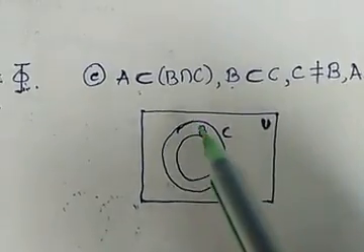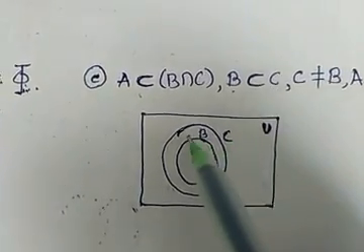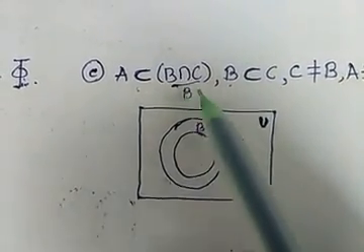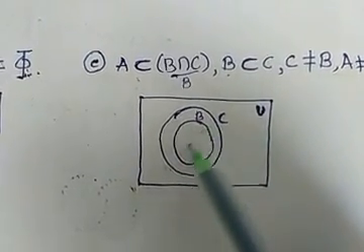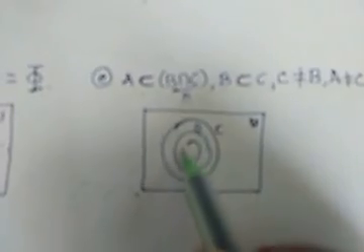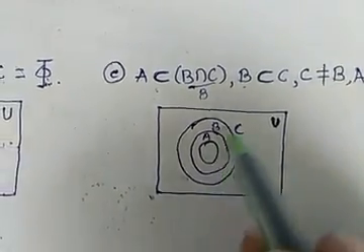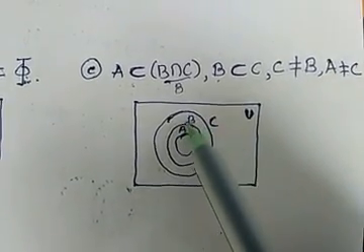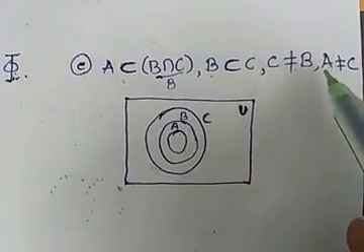Set B. Now A contained in B intersection C, so the intersection part will be B intersection C, its intersection will be B. If we see that this intersection, the common part of B and C, is totally set B. And in that we have to represent set A, so this is our set A. So C is not equal to B. From the diagrammatic representation we can say that B is contained in C, so it is not equal to C, and A is also contained in C, so it is not equal.